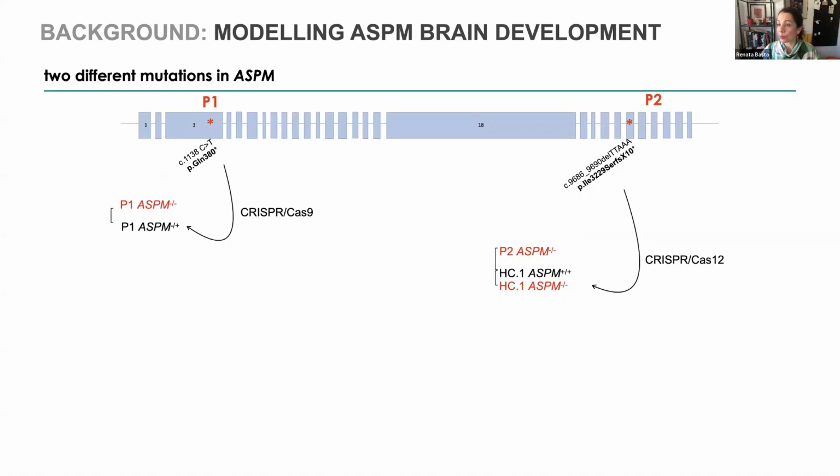Now, since we want to understand if there is no contribution of the genetic background to the phenotypes that I'm going to be describing, one of the important things to do is to correct the mutations, which has been done for patient 1 with CRISPR-Cas9 technology, obtaining a heterozygous rescue. For patient 2 this was actually not possible, and so the mutation has been generated de novo in iPSCs from healthy donors, what we call healthy controls.